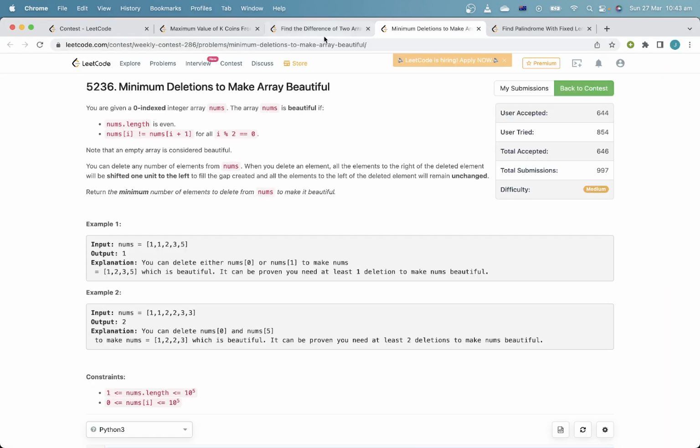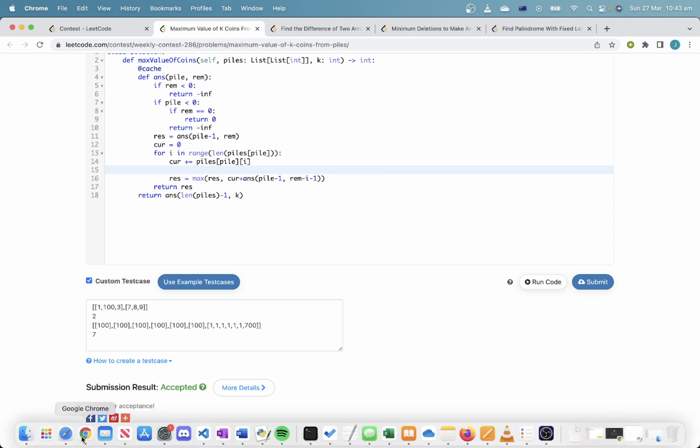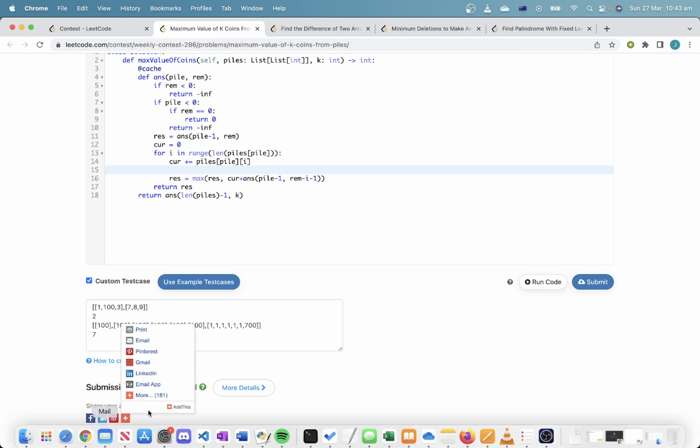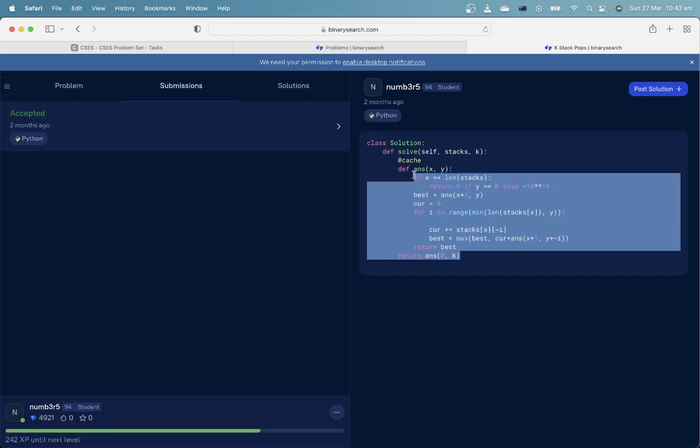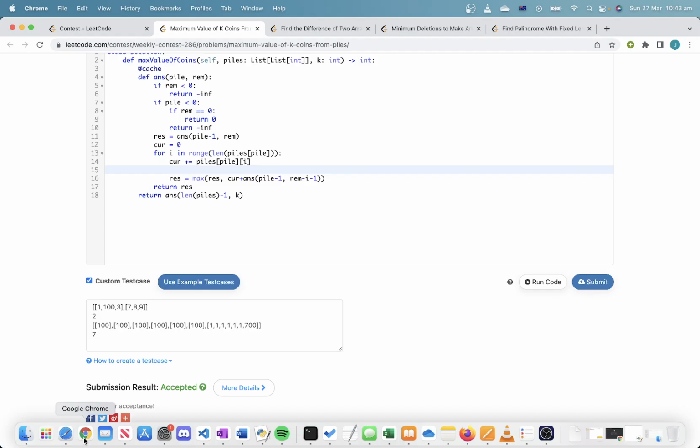Actually, let's check. I want to know if I should have just copy-pasted directly from binary search for my submission.